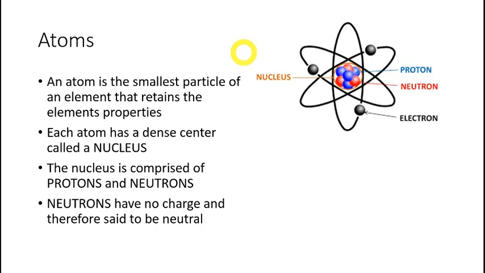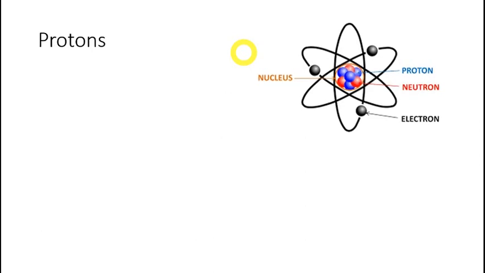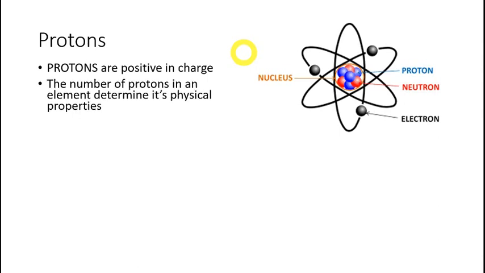That's kind of where they get their name from, is neutron. Okay, so they are a part of the nucleus, but they are not a part of the charge within the atom. They are neutral in charge. The protons, on the other hand, protons are positive in charge.